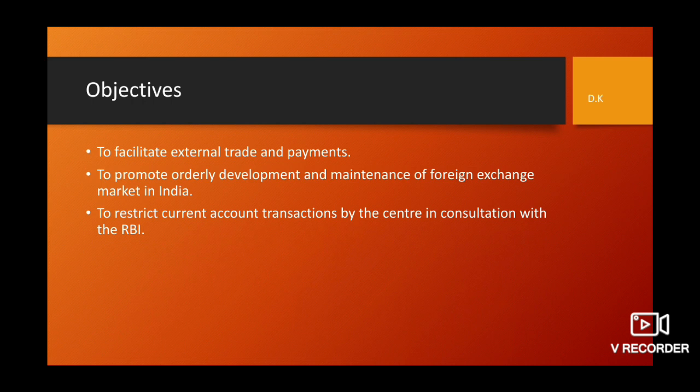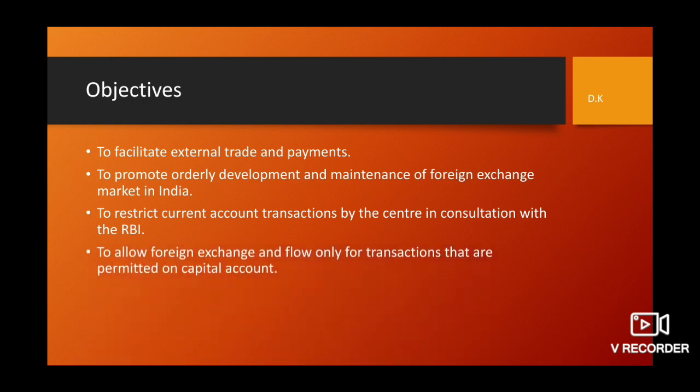In addition to this, the objective is to restrict current account transactions by the Centre in consultation with the RBI, Reserve Bank of India. And lastly, to allow foreign exchange inflow and outflow only for transactions that are permitted on capital accounts. Friends, these are the objectives.